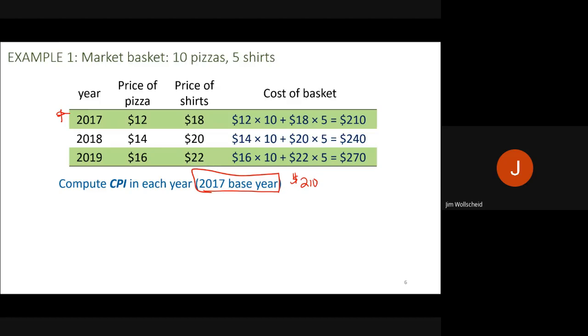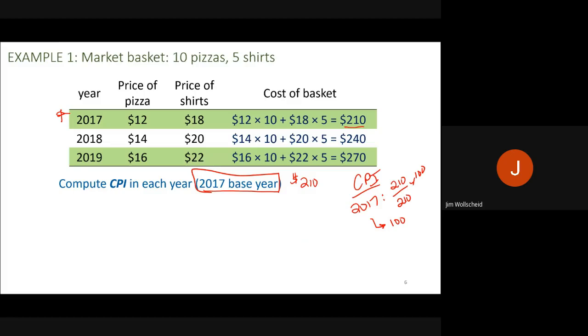So let's do the CPI for 2017. Well, I take the current basket cost divided by the base times 100. And what we notice is what we always notice about base year and indexes.